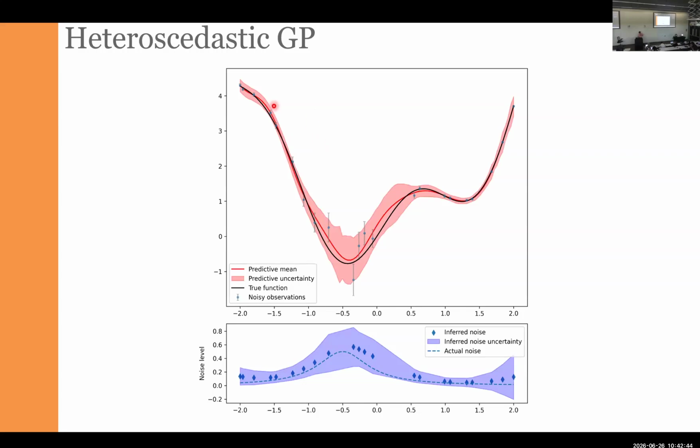This is an example of how the heteroscedastic GP works. Our data comes with error bars that depend on where you are in the parameter space. The Gaussian process doesn't know the error bars; it has access only to the data. It is able to reconstruct the function and the noise function at the same time.